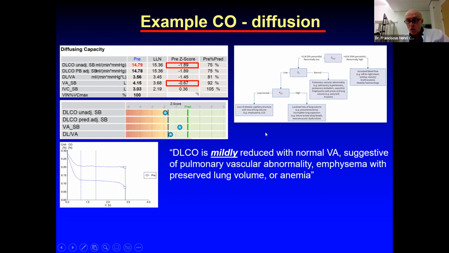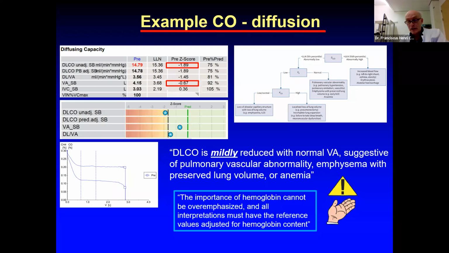And we end up with something which might be a pulmonary vascular abnormality, but also emphysema or anemia, as stated. Therefore, it's also marked here. Always think about the hemoglobin, because if I have a hemoglobin sample, I can adjust and see if the real problem is that the person has a low amount of hemoglobin, or if there's really an impairment, for instance, based on the membrane.